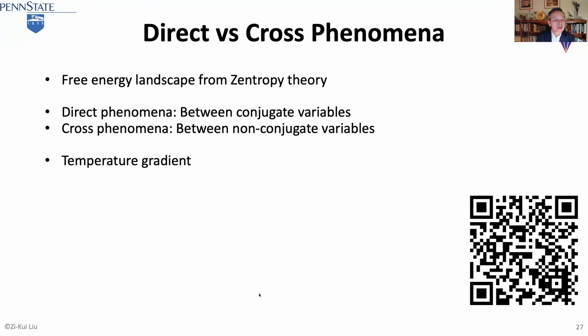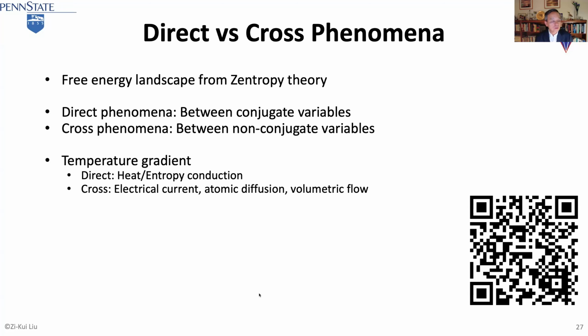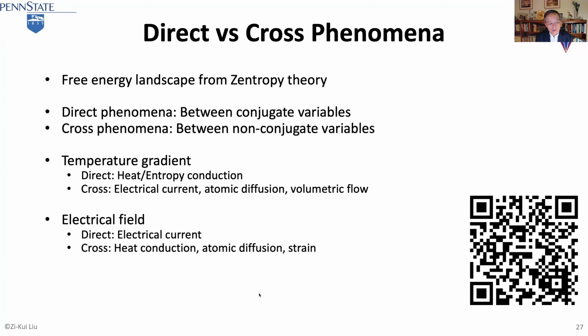So let's take temperature as an example. The direct one is heat, entropy, conduction. Then we have the electric current, atomic diffusion, volume flow driven by temperature gradient. For the electric field, we have the electric current as the direct phenomenon. We also have the cross phenomena: electric conduction from heat conduction, atomic diffusion, and strain change. That's the electromechanical properties.